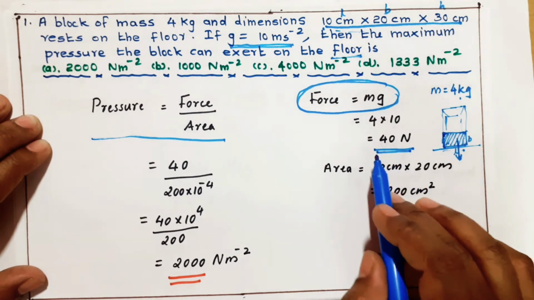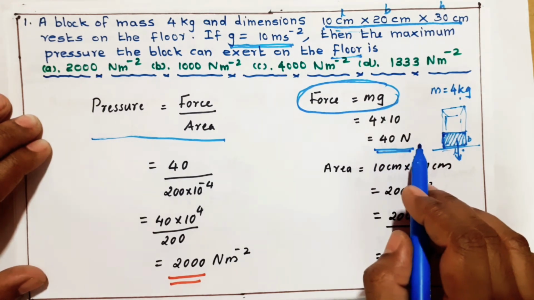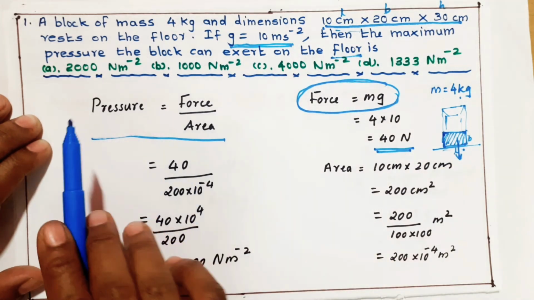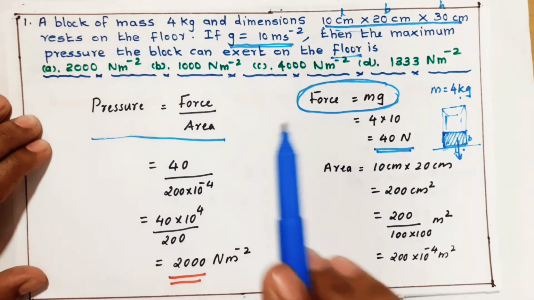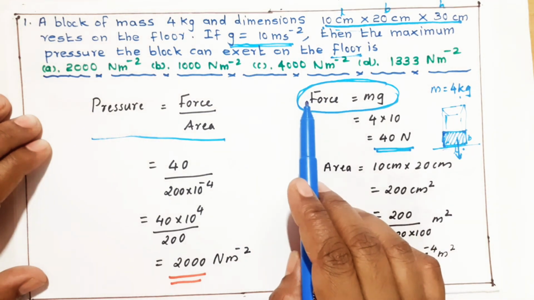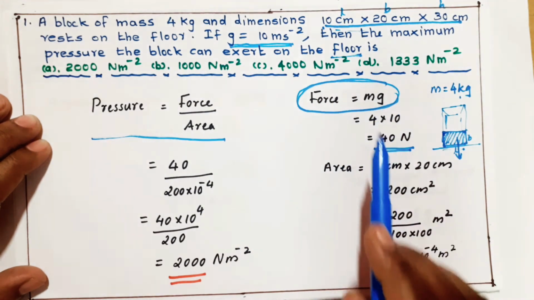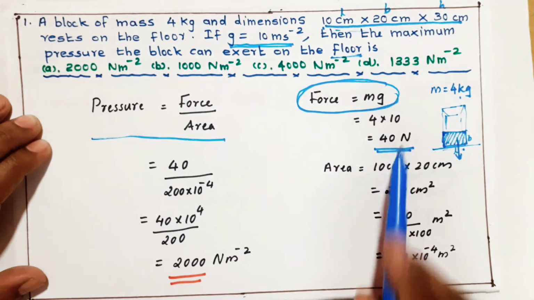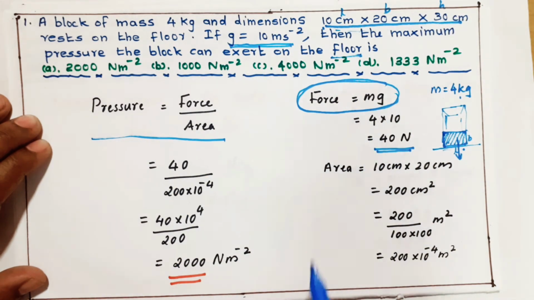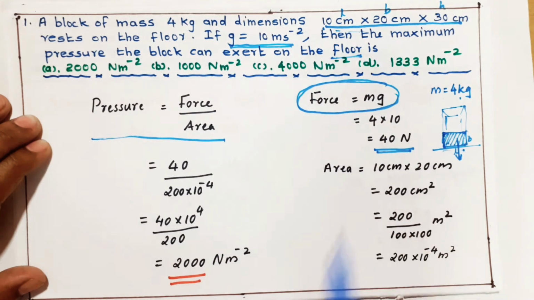Clear? Unit of force is Newton. So we have written the equation for pressure, force by area. First step, what is force? m into g. Mass and g they gave in the question, so we calculated it.